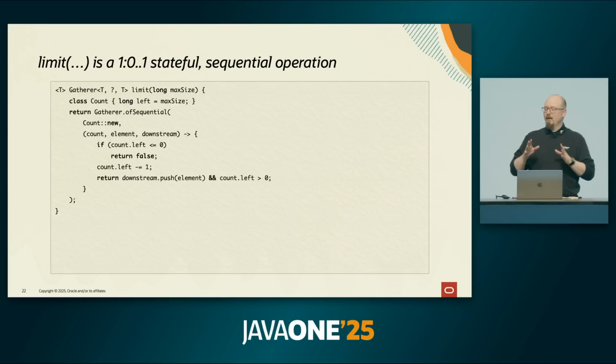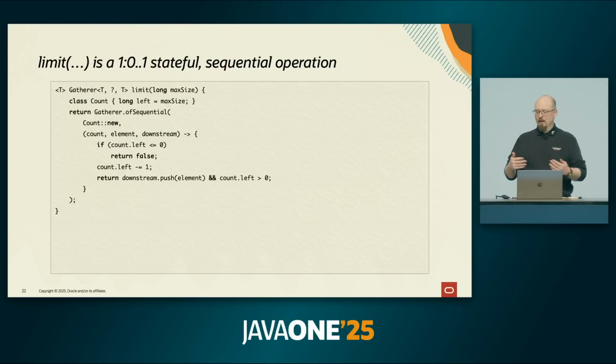And for each element, we declare this lambda, which is an integrator. We get the current state, which is the count, we get the next element, and we get the downstream handle. Now for each element, we need to decide: should we abort at this time, or should we push this element downstream or not? First we check, do we have more elements left to count?